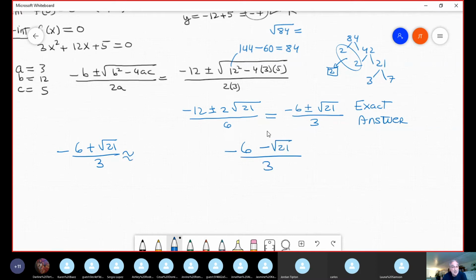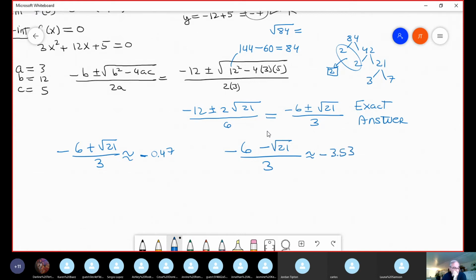So I put it in my scientific calculator, and I determined that this value is negative 0.47. This is a decimal approximation using 2 decimal places. Normally we use 3 decimal places, but okay. And here it's negative 3.53.